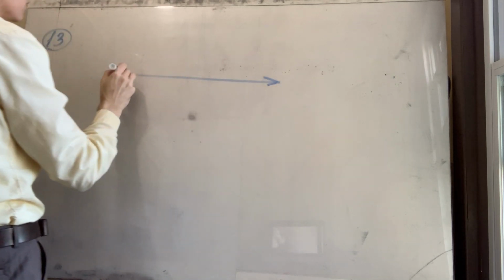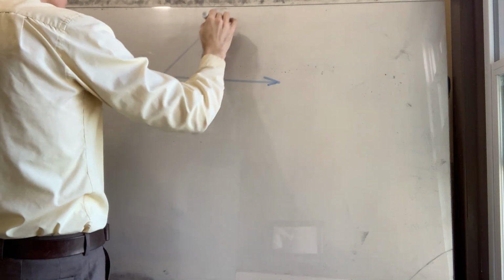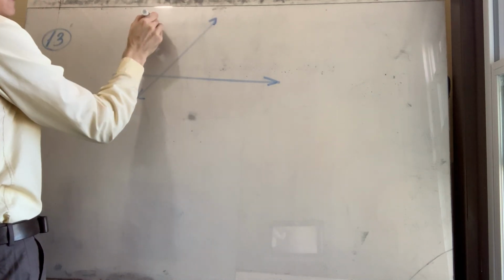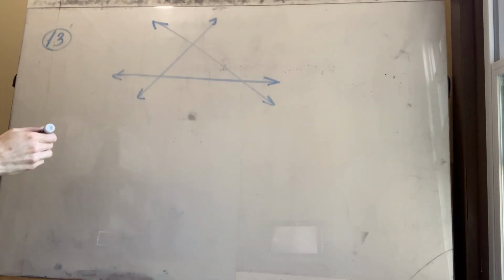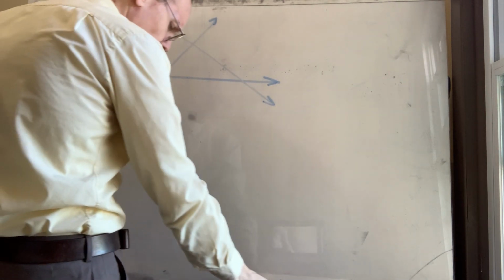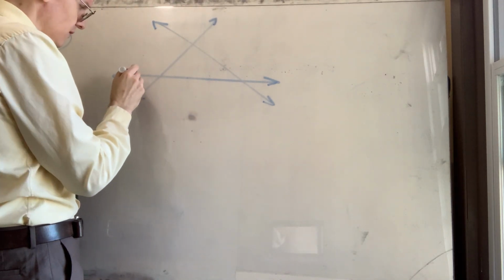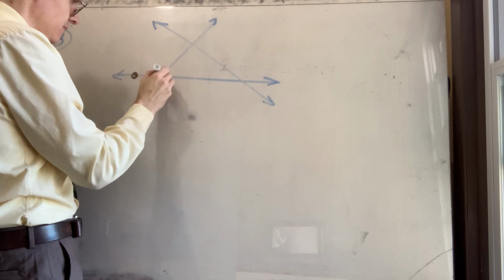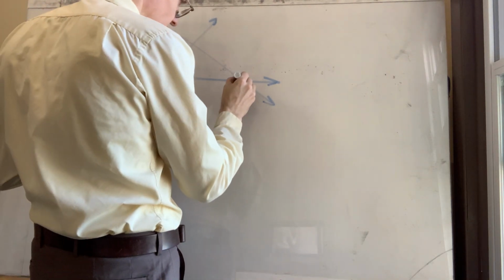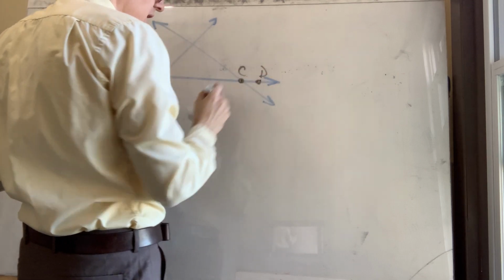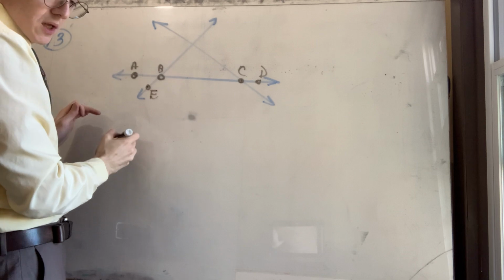You have a line running this way, and then another one running this way, and another one running this way. And there are points that are indicated as these 2 points, A and B. And over here you see C and D. And running this way you have points E and B again.